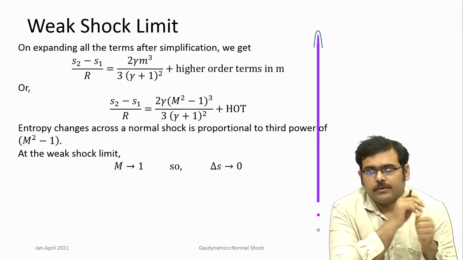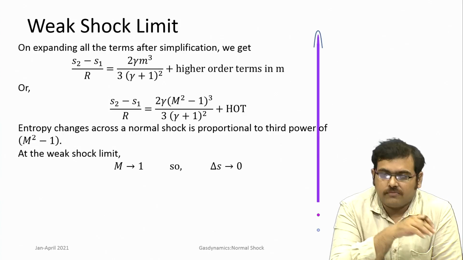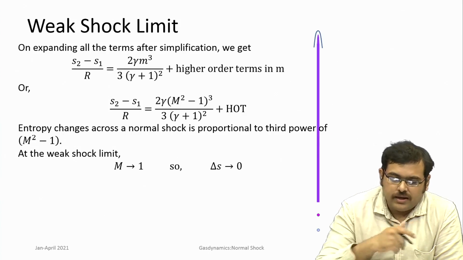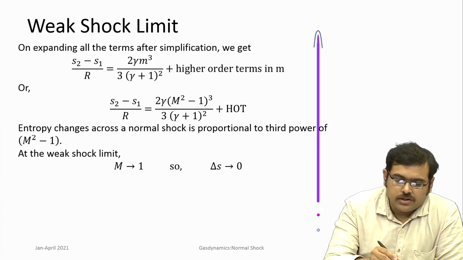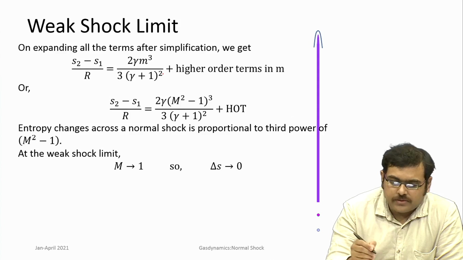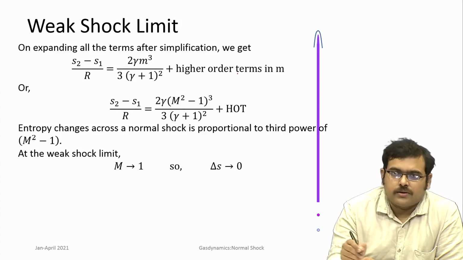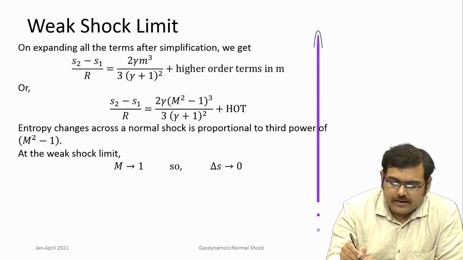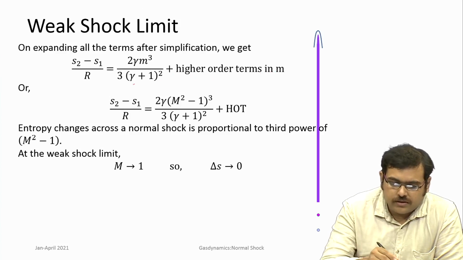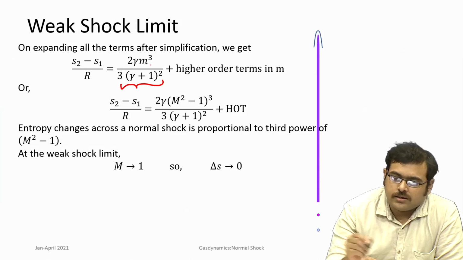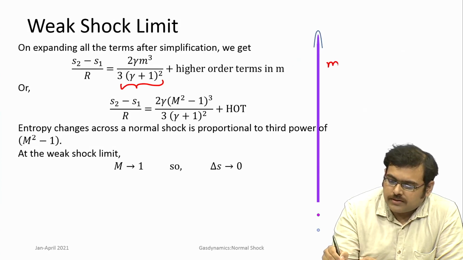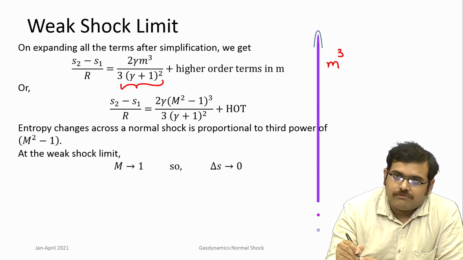There will be some algebraic manipulations and cancellations, and ultimately you end up with the term 2 gamma m cube by 3 gamma plus 1 whole square, plus higher order terms. Now, higher order terms are neglected. Even the first order term has m cube, which means it varies with the cube of m.